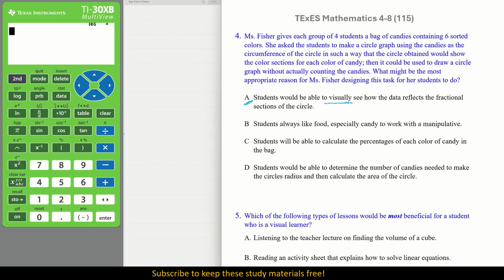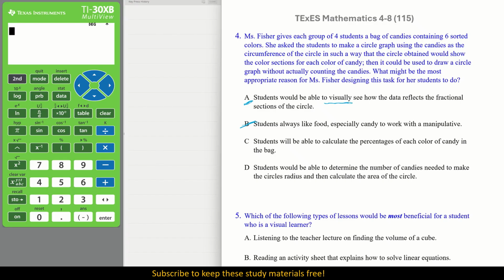I think I like it. But let's keep going. B, students always like food, especially candy, to work with a manipulative. No, that just doesn't have an educational quality. It doesn't give a good rationale.